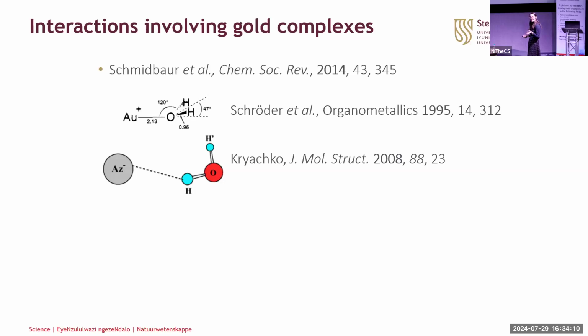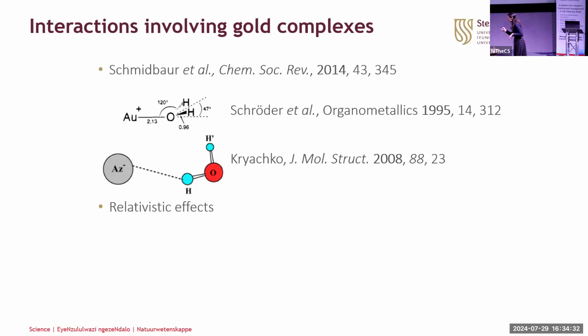And chloride ions can interact with water and form a hydrogen bond, so they are a hydrogen bond acceptor. So he showed that these auride ions could also be hydrogen bond acceptors. And what's interesting about gold is gold is relativistic.